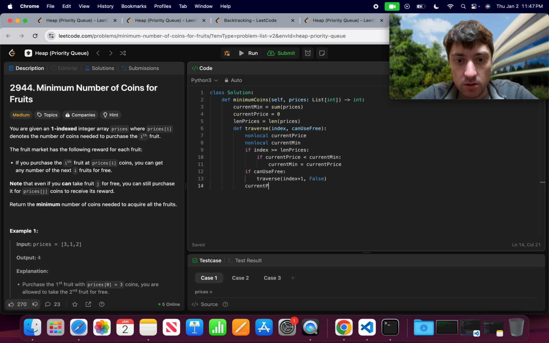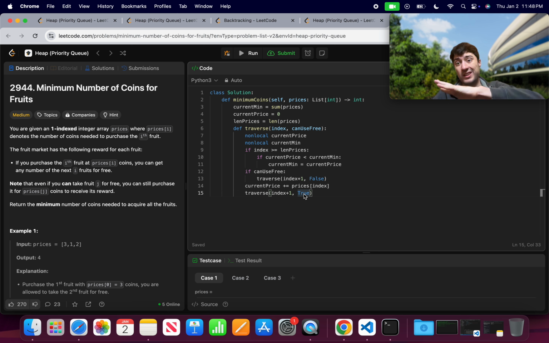So current price plus equals prices at index, and then I want to traverse index plus 1. And this one is now going to be true because I paid the price, so now I can use the next one for free.